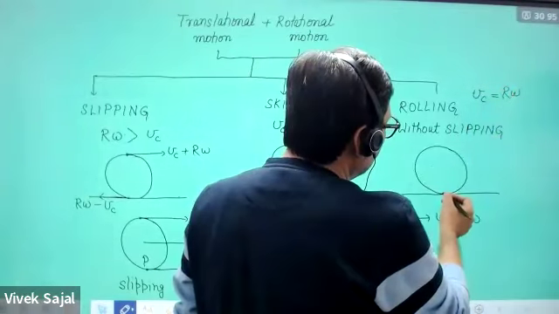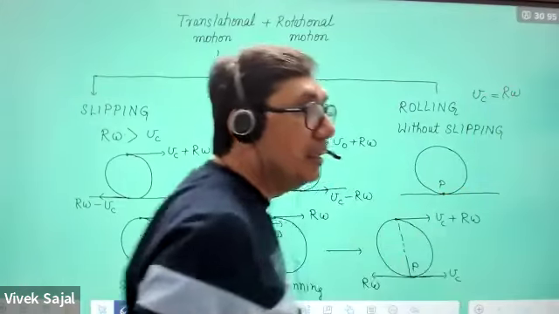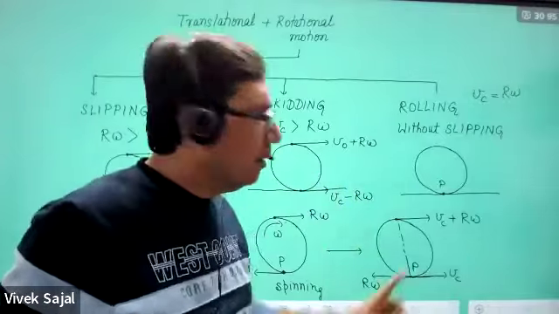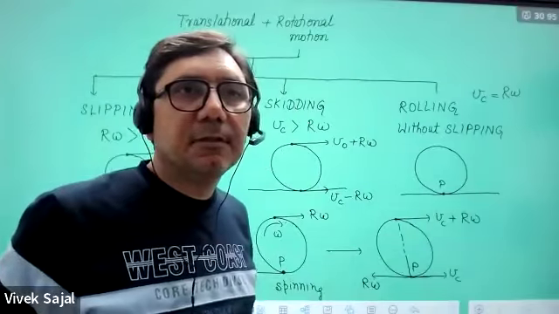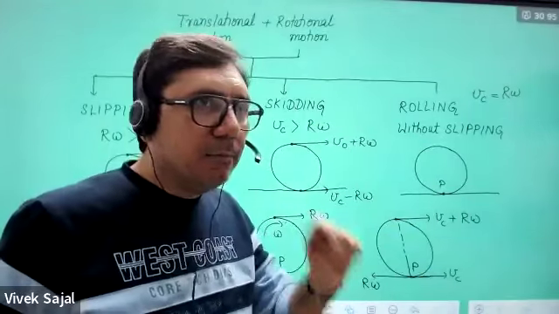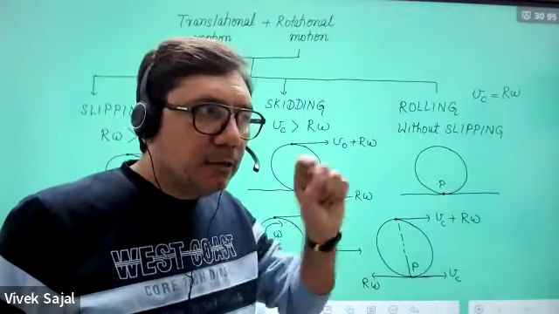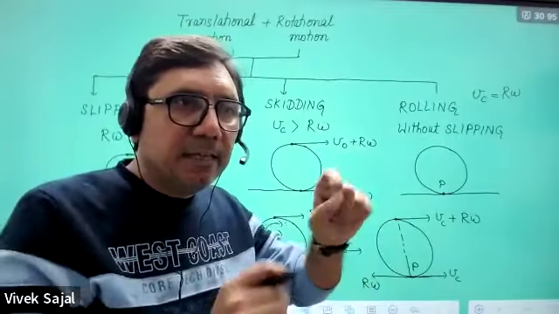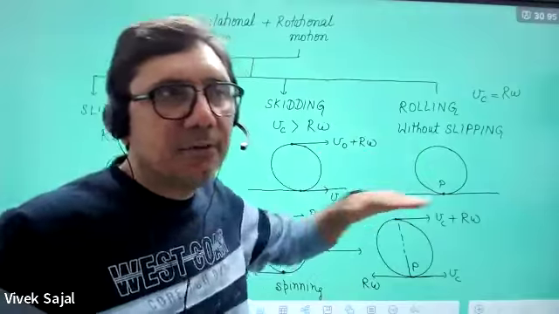Then try to understand, this particle P, okay, it will be at rest with respect to ground, because these two velocities are going to cancel each other. So whatever particle is in contact with the surface, there will be no relative motion between this point P and the surface.